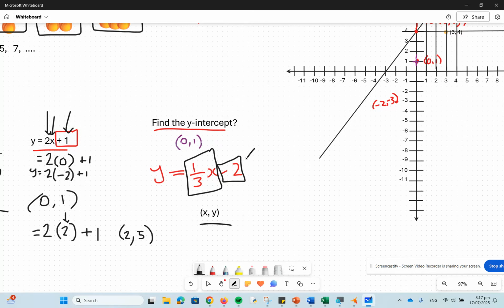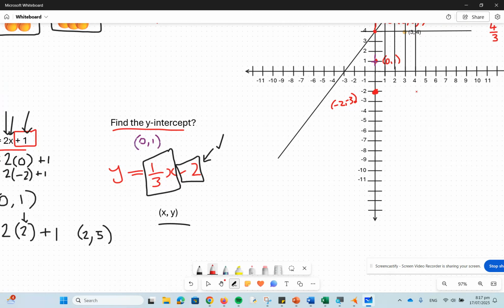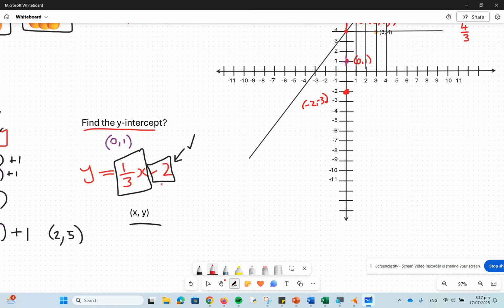So this here is my y-intercept. Yay! That means that if I was plotting it, the line has to pass through that point, negative 2, on the y-axis. Cool. So that's the first point.